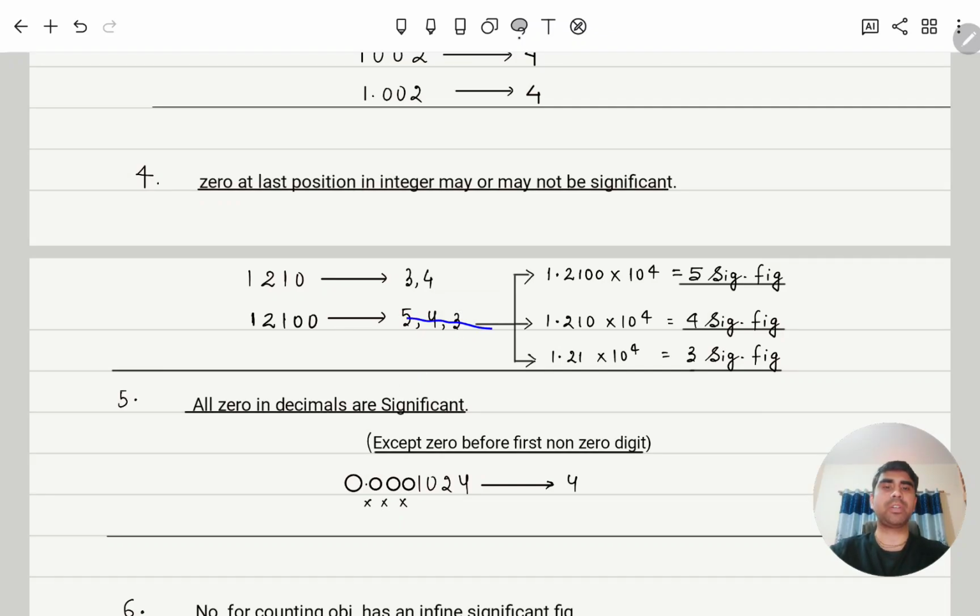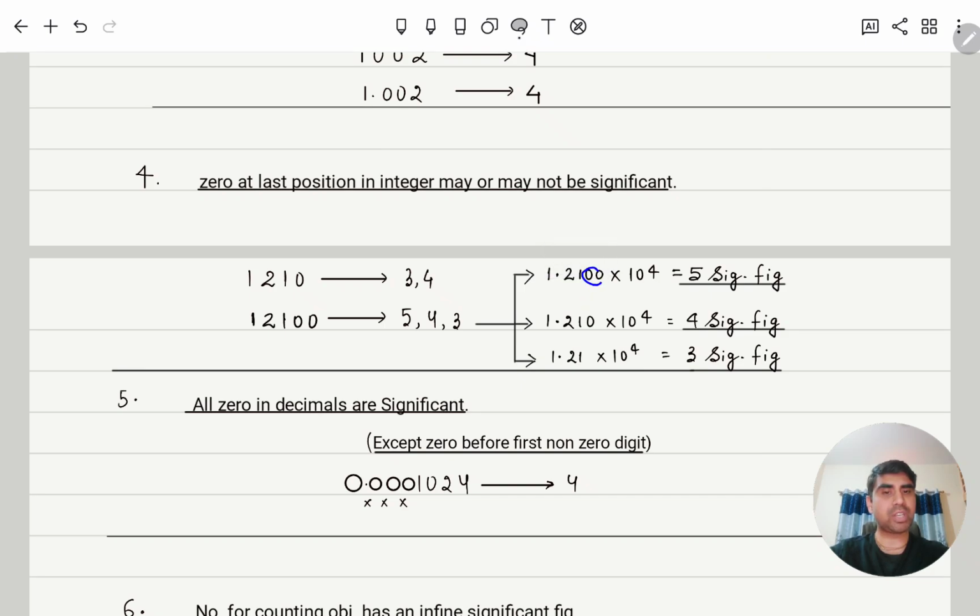How can we represent this in scientific notation? This is the scientific notation: x times 10 to the power y. x will always be between 1 and 10, and y, the power of 10, is not considered for significant figures. Like here you can see 1.2100.